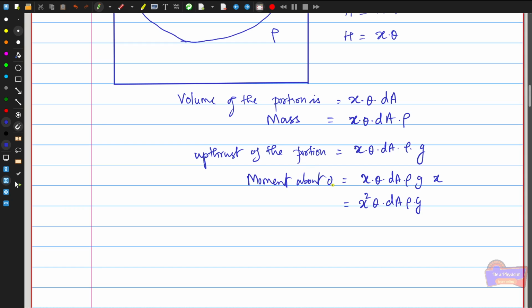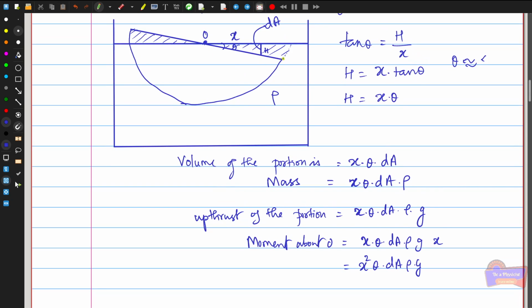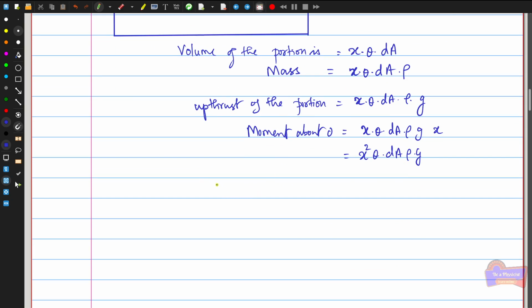The couple acting on this ship due to the displacement can be given by integrating this equation over the whole range, from 0 to some value: the integration of rho g times theta x squared dA.